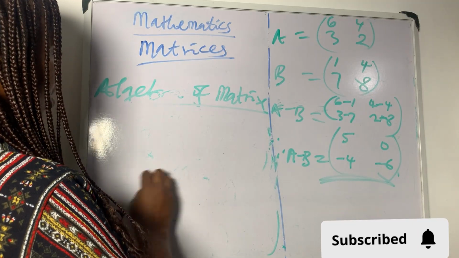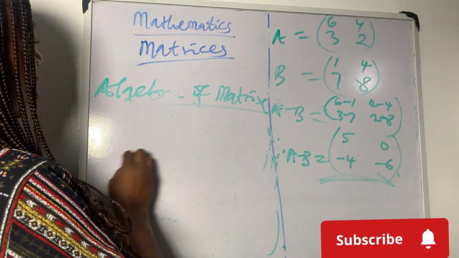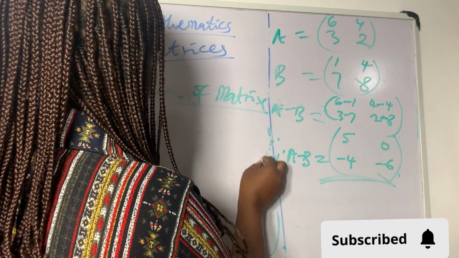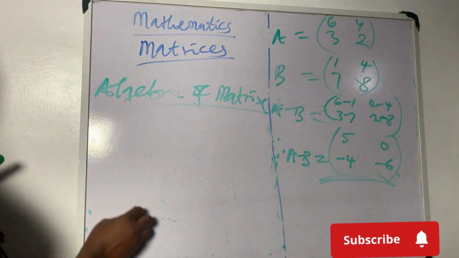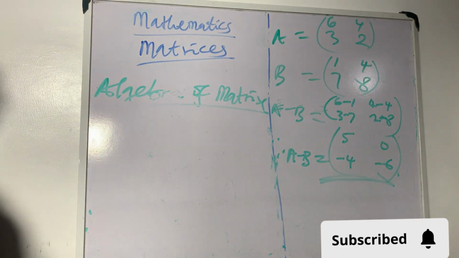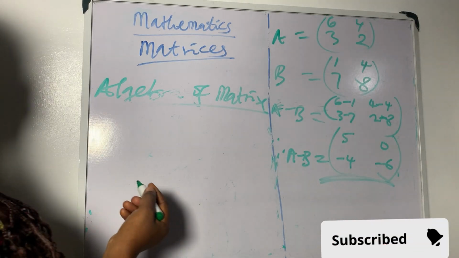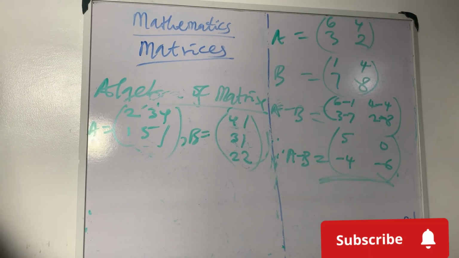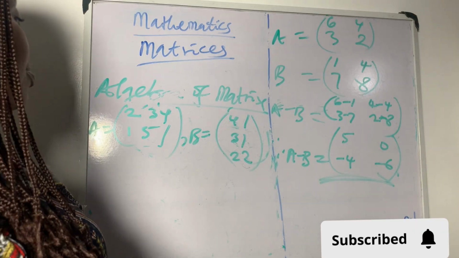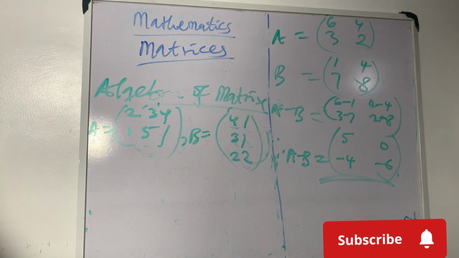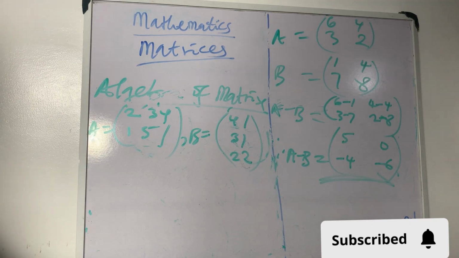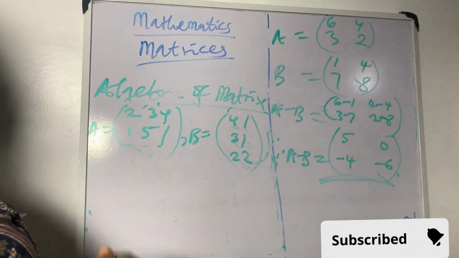Two or more matrices can only be multiplied if the number of columns in the first matrix is equal to the number of rows in the next matrix. Taking for instance, the number of columns in the first matrix must be the same as the number of rows in the next matrix.